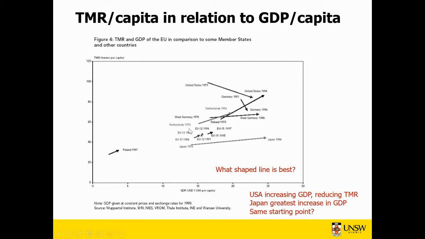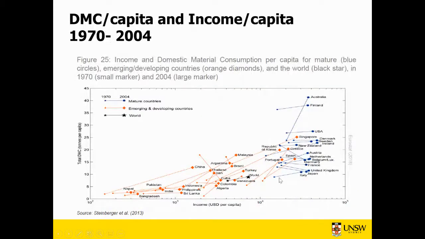And anything with a less inclined slope is better. And here again, similar things, but now looking at domestic material consumption, again not neglecting hidden flows and neglecting exports.